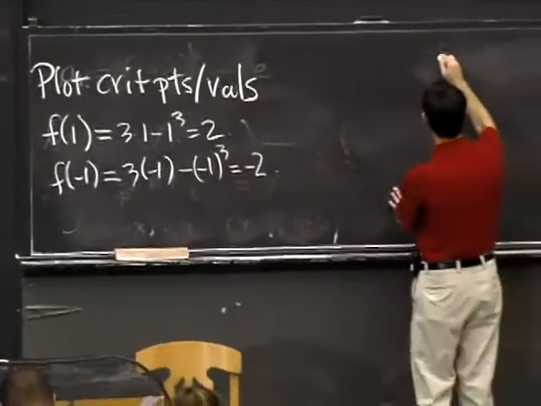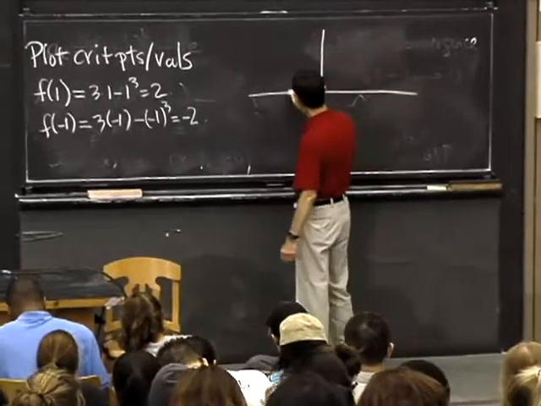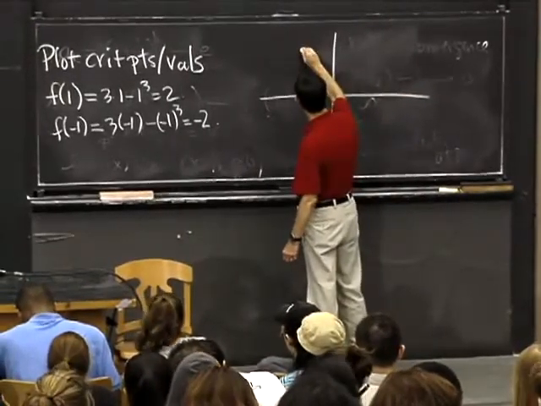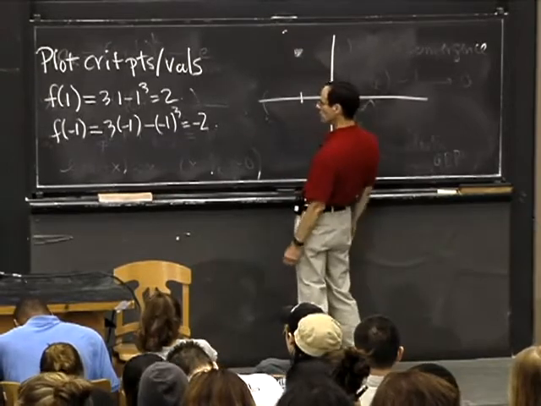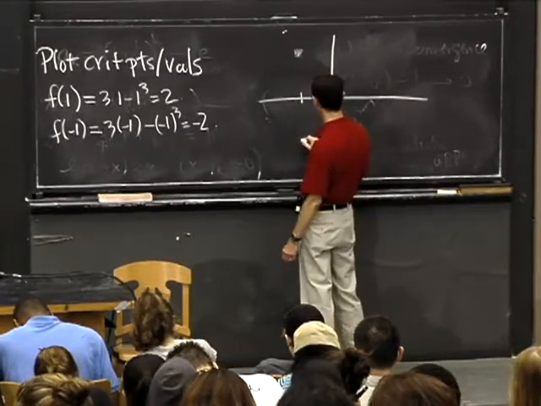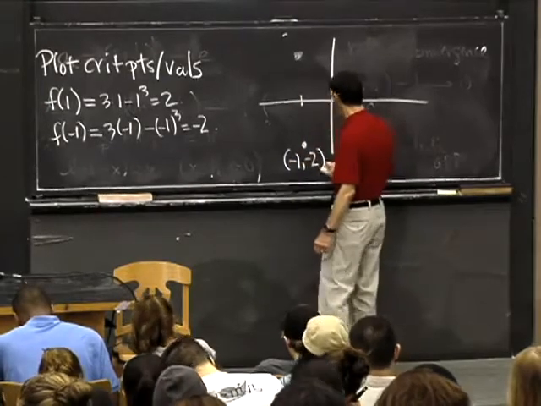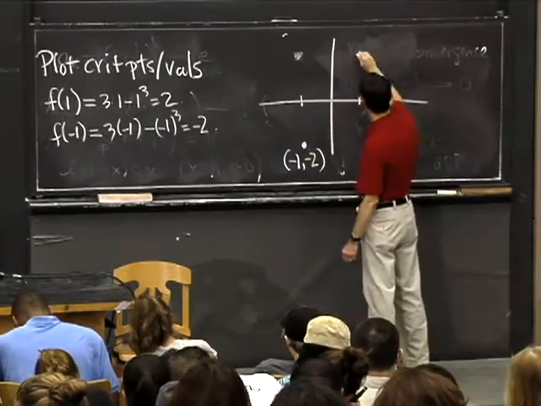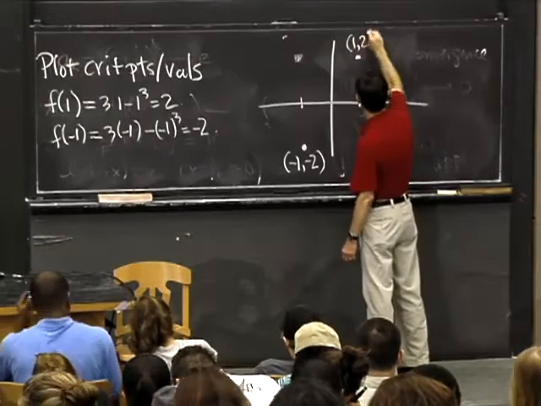And so I can plot the function here. So here's the point, -1, and up here is 2. So this is, whoops, which one is it? Yeah, this is -1, so it's down here, I guess. So it's -1, -2. And then over here, I have the point 1, 2.